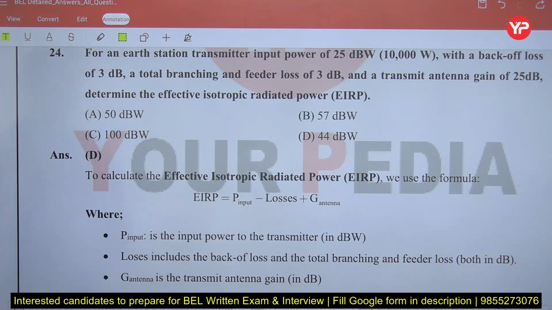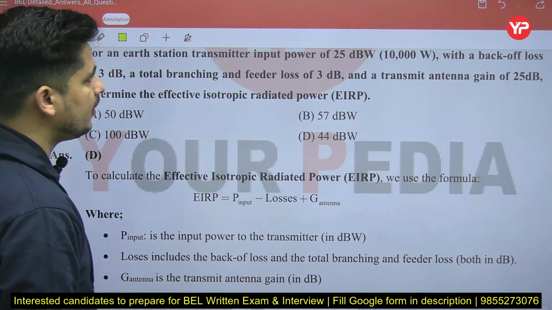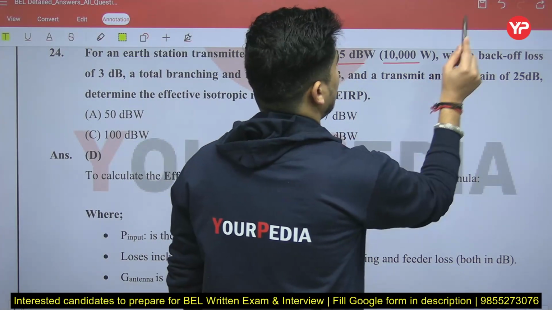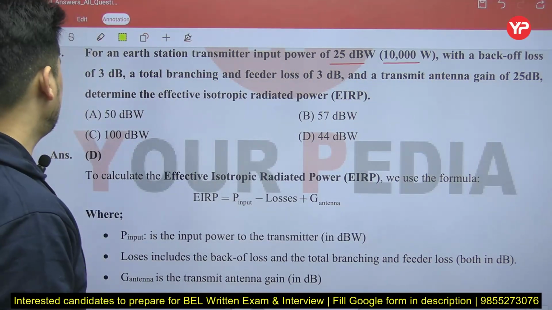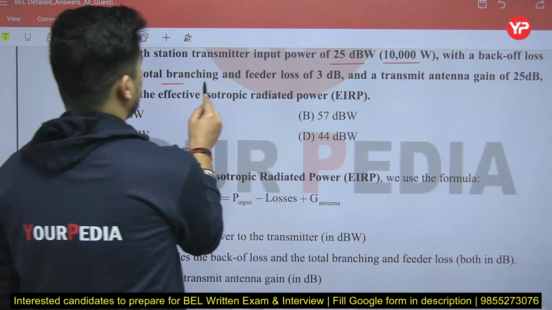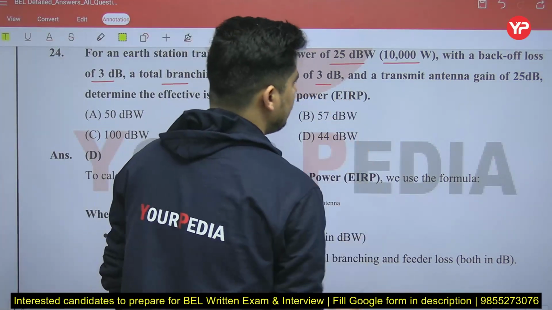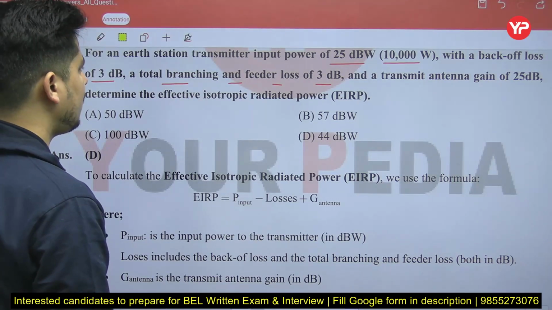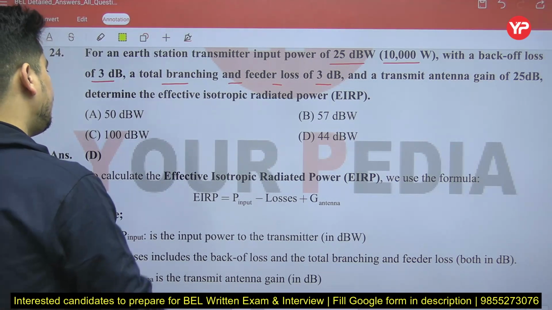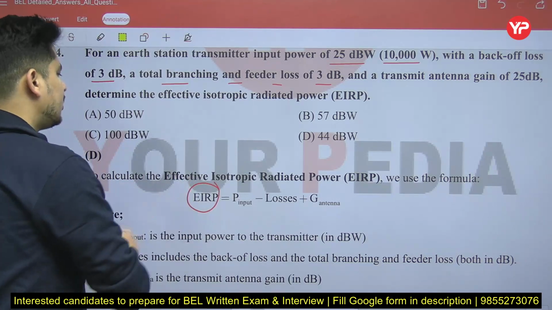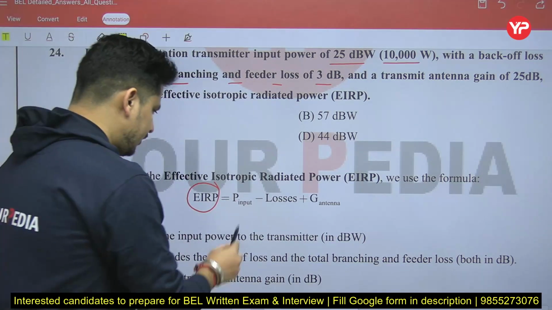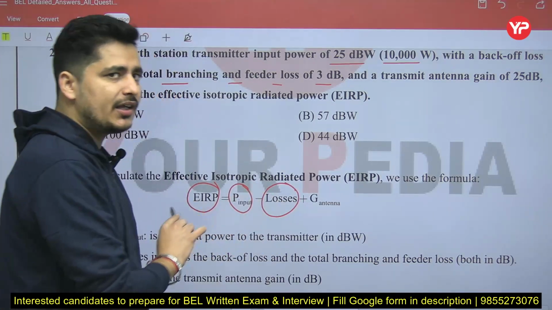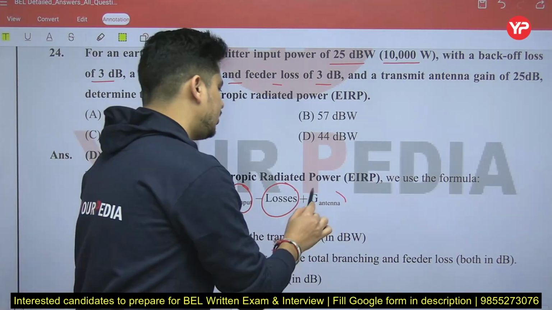For an earth station transmitting a power of 25 dBW, with a back-off loss of 3 dB and total branching and feeder loss of 3 dB, the transmitting antenna gain is 25. Determine the effective isotropic radiated power. EIRP is always equal to power input minus losses, in dB, plus gain of the antenna.